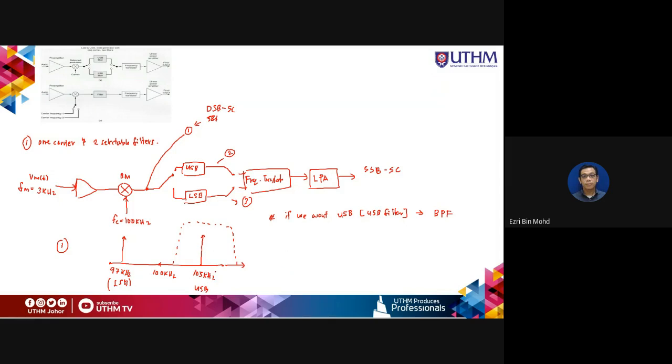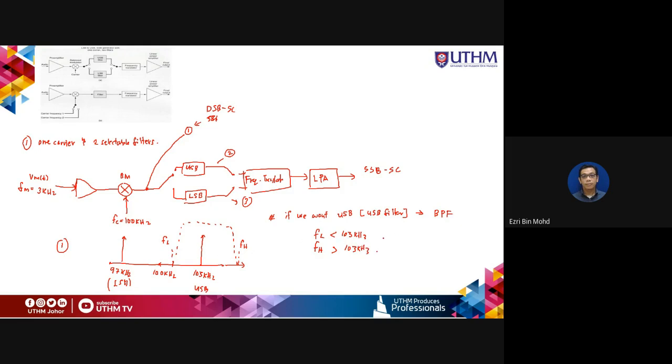For example, here 103. So our filter should be designed as having a cut-off frequency, F low cut-off and F high cut-off, where F low cut-off must be less than what? Less than 103 kilohertz. F high cut-off must be higher than 103 kilohertz. Okay.